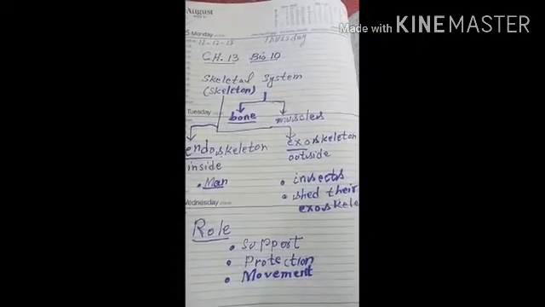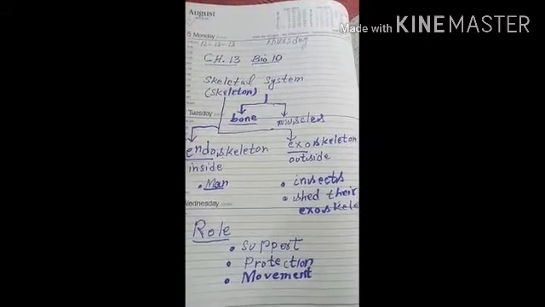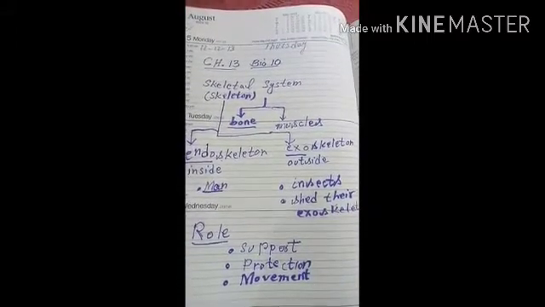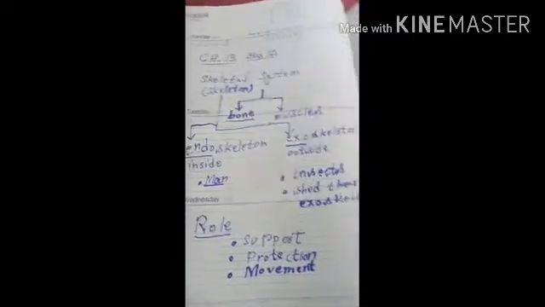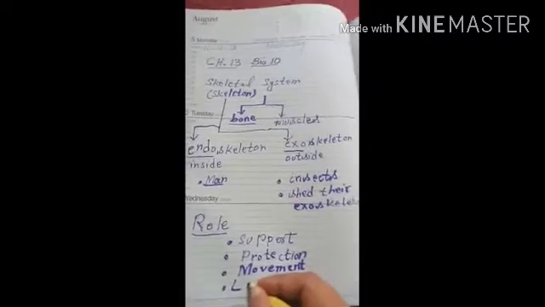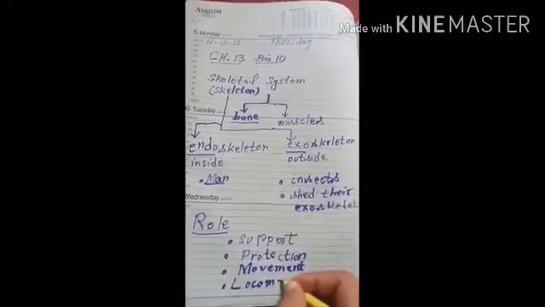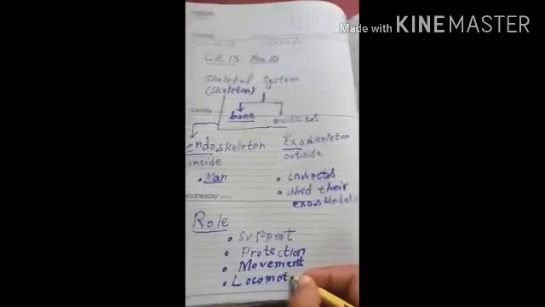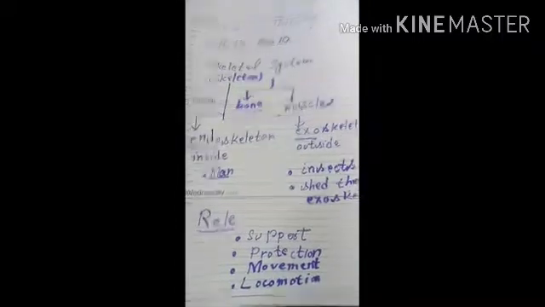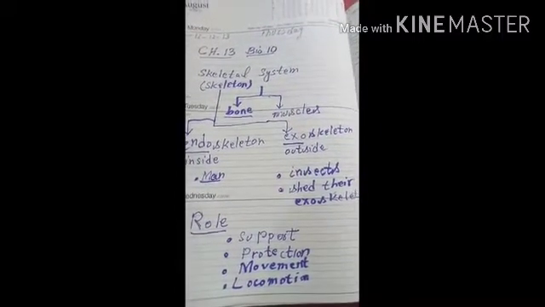Movement means moving or changing the place of any part of body or the whole organism. When the whole organism moves from one place to another, it is called locomotion. So we may say that our skeletal system helps in movement as well as locomotion.